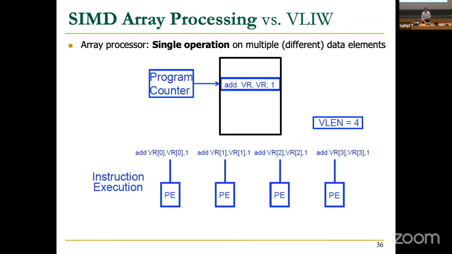In this case, the compiler or the programmer guarantees that these are operating on different data values, right? So in this sense they're similar, in the sense that they're doing multiple operations per cycle, except the relationship between the operations in this case is you're doing a single operation on multiple different data elements.